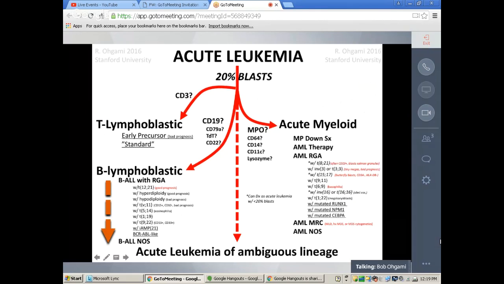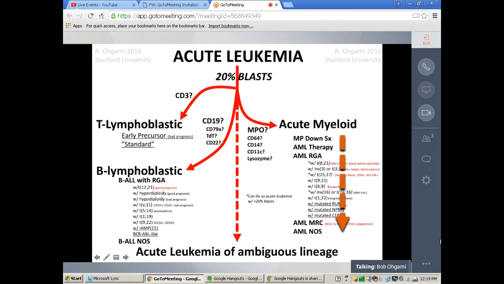If not, continue down the sheet. And the same thing goes with acute myeloid leukemia. You continue to move down the sheet. Once you have decided you're in acute myeloid leukemia land, you ask yourself, are you the therapy-related type, or recurrent genetic abnormality, or myelodysplasia-related change?